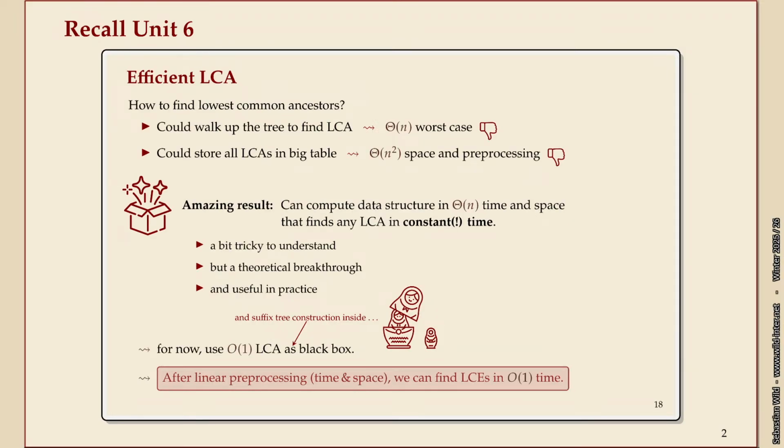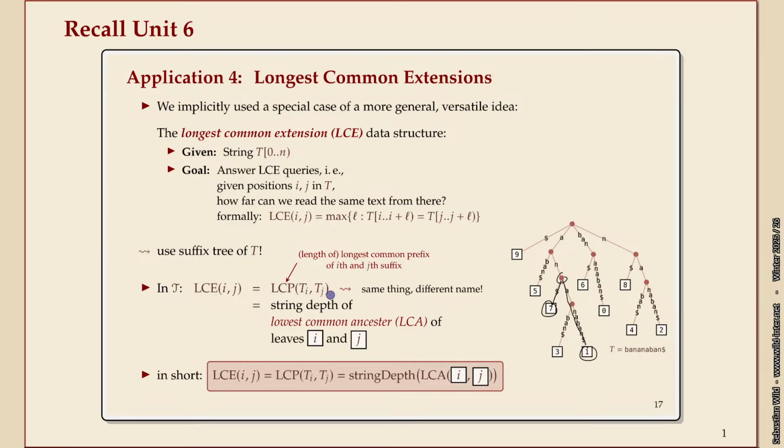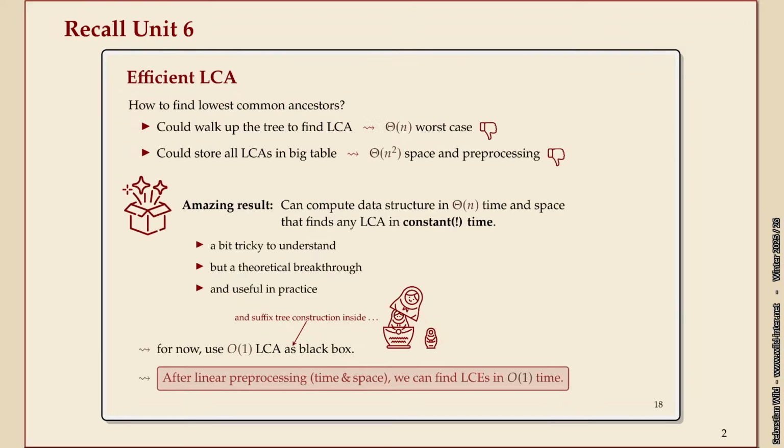And I promised at the time that we can somehow do this, formulated here for the lowest common ancestors in trees. But as you see, it's equivalent to talking about the longest common prefixes of arbitrary suffixes. The promise was we can do this in linear time and linear space for the pre-processing, and then constant time per query for longest common extensions, or LCAs.